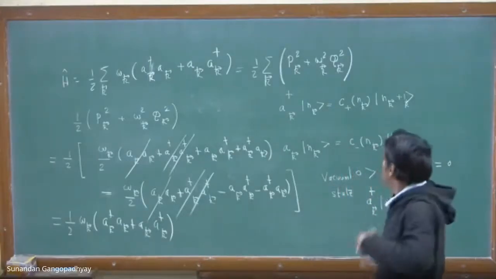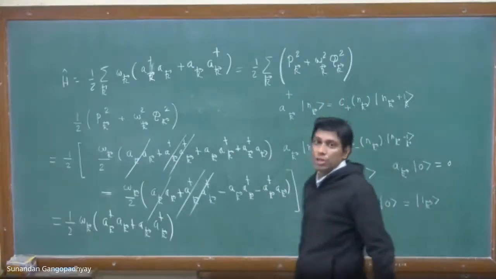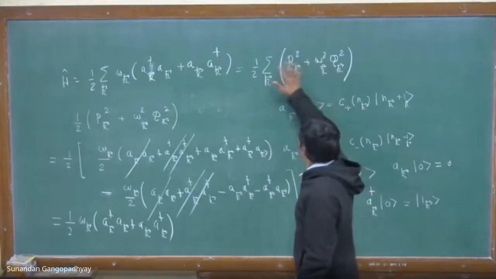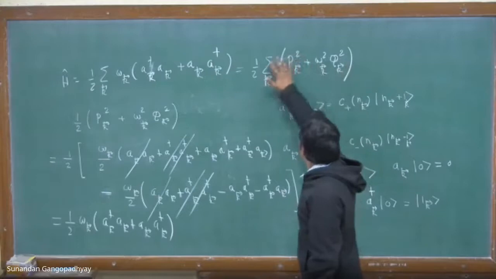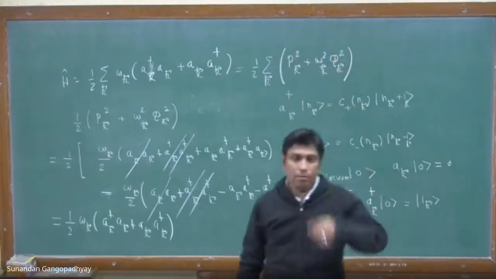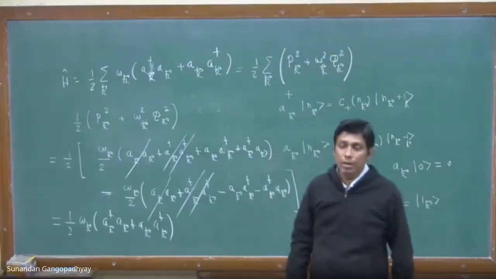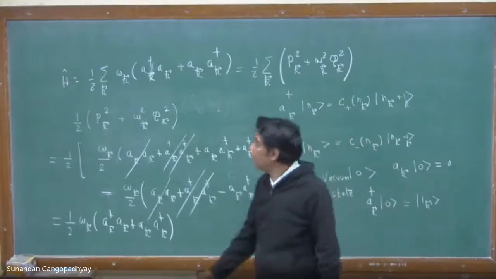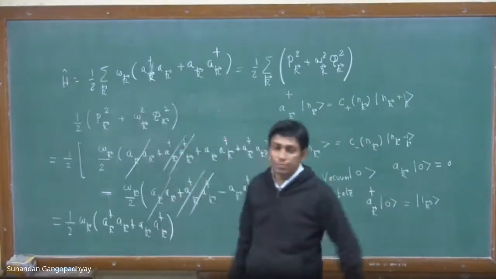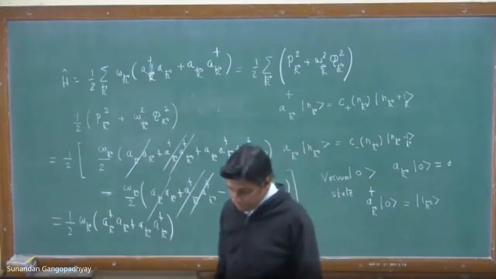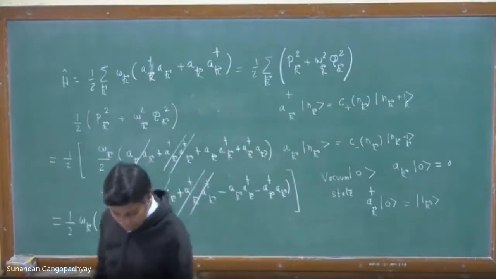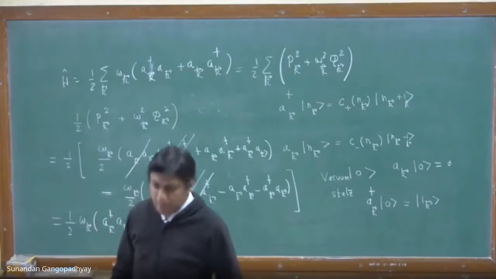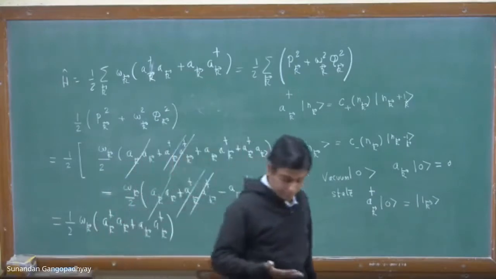You can see, this p is the momentum and q is the position. And therefore, if you have similar interpretations and a similar form to that of a harmonic oscillator Hamiltonian, it is no wonder that you get the Hamiltonian of this quantum field theory to be of this form. Is this clear? Is this okay?